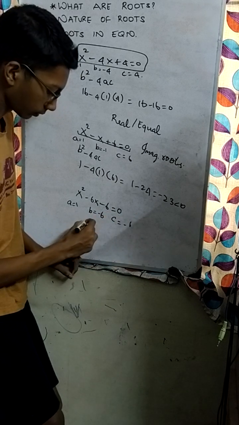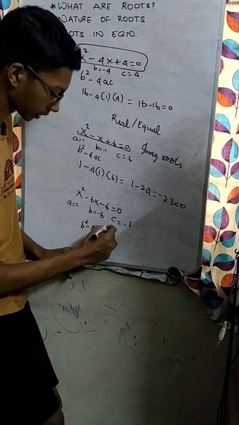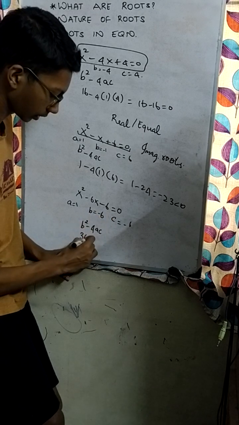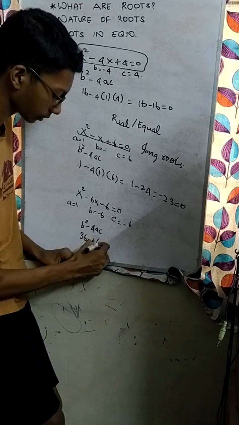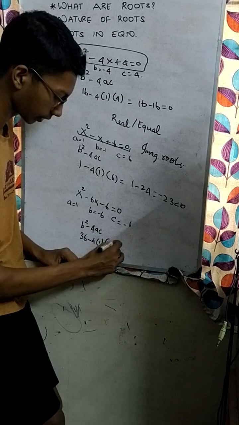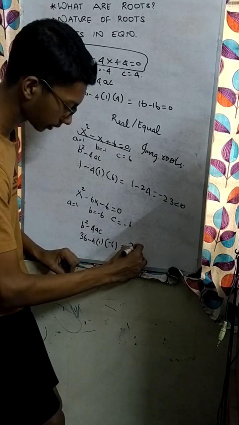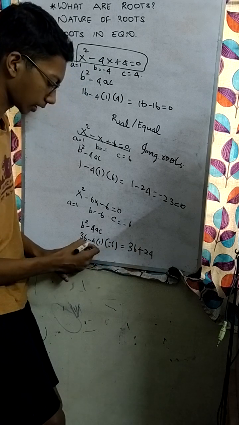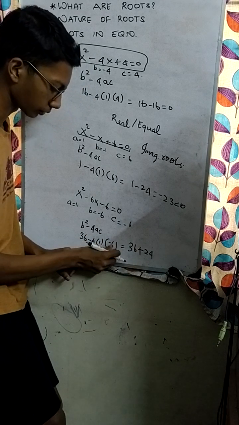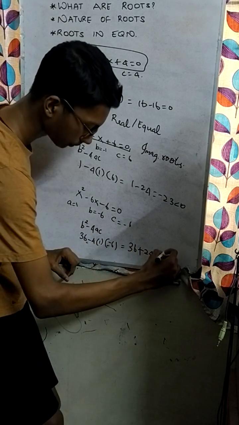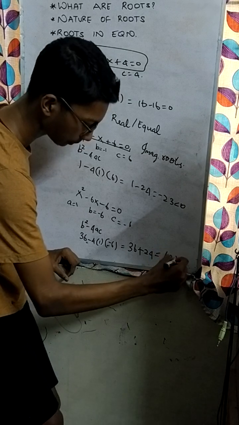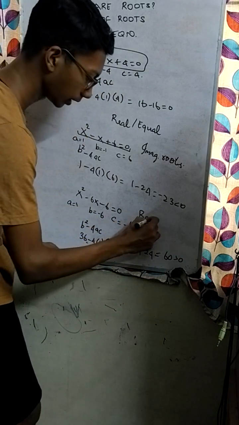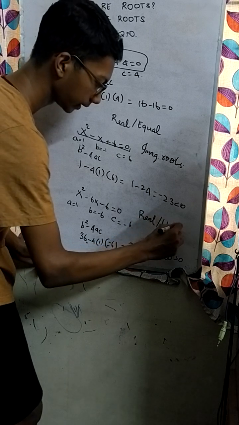So we have b square minus 4ac as formula. b is minus 6, 36 minus 4 times a is 1, c is 6. We will get 36 minus 24, which is 12, which is positive, that is greater than 0. So this equation will have real roots and they will be unequal.